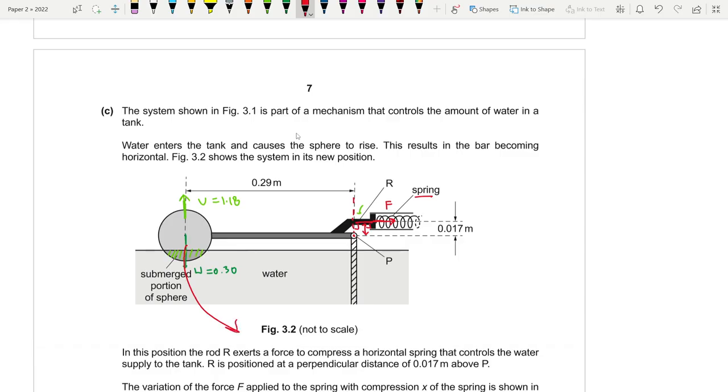So this one is providing an anti-clockwise moment, this is providing clockwise, but the clockwise moment is greater than the anti-clockwise moment. So we need an extra anti-clockwise moment to balance things out. So the force applied should actually be in this direction. But in the figure, it seems like R is applying a force towards the right. But somehow it's contributing to the anti-clockwise moment, apparently.